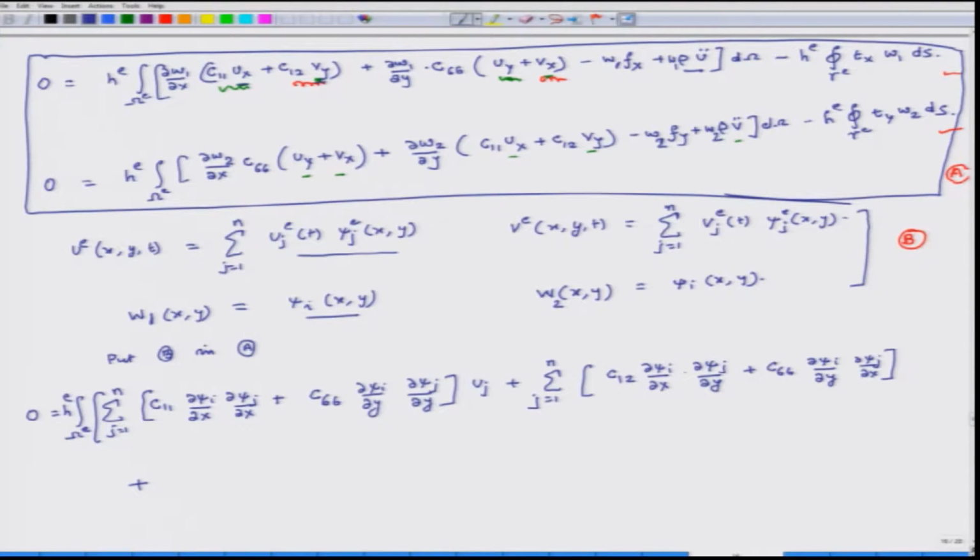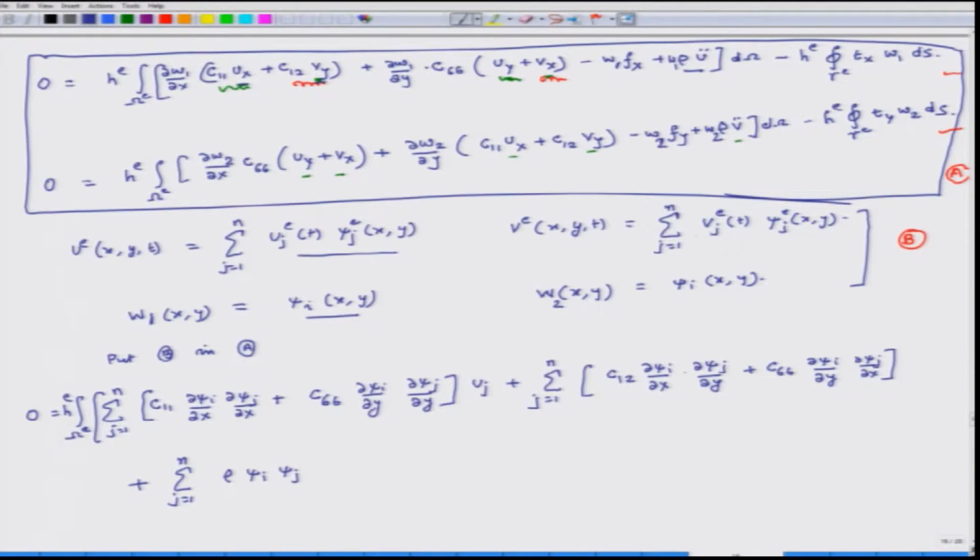So, the inertial term I get as summation j equal 1 to n, rho, from W1 I get psi I, from u double dot I get psi j, but it is being differentiated with respect to time twice. So, which term will get differentiated?